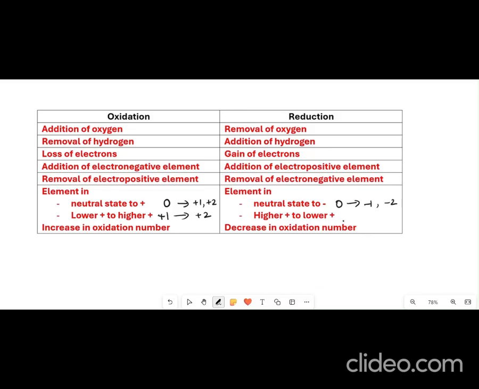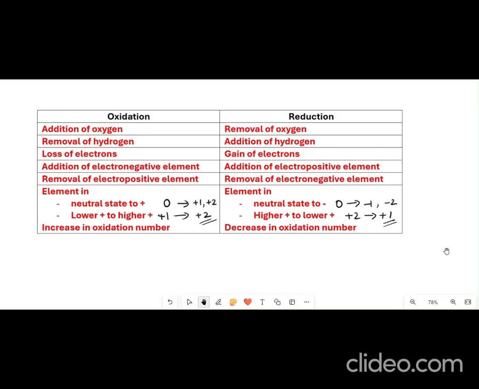Higher oxidation state to lower oxidation state, like plus 2 to plus 1 or plus 3 to plus 2, that is reduction. So an increase in oxidation number is called oxidation, and a decrease in oxidation number is called reduction.